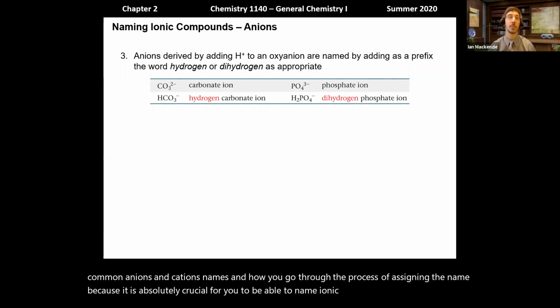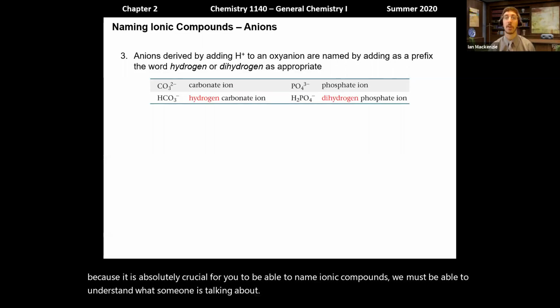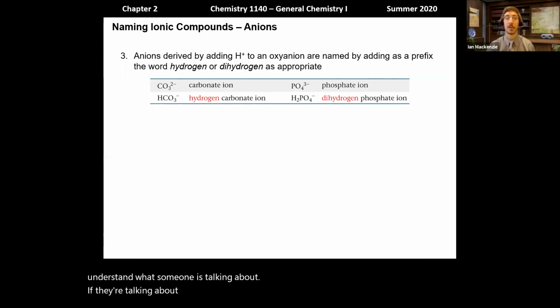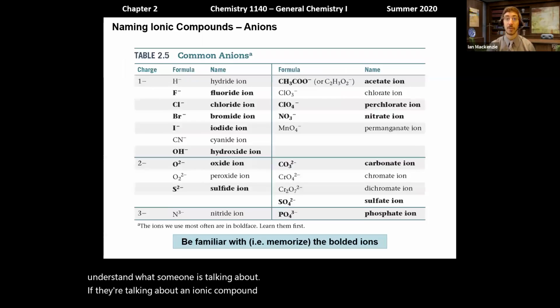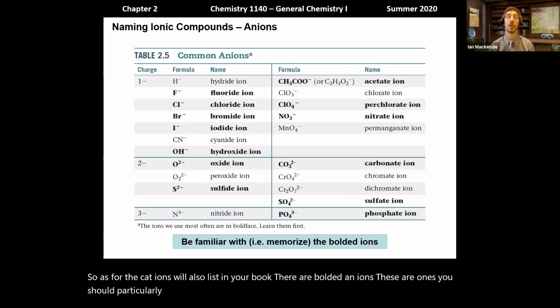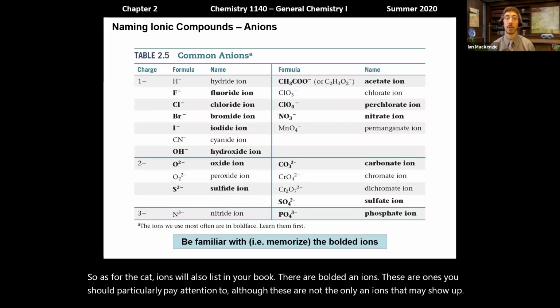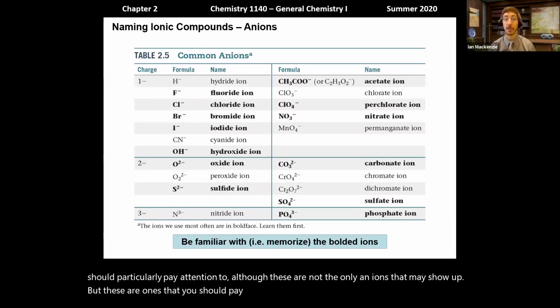We must be able to understand what someone is talking about if they're talking about an ionic compound by its name. As with the cations, in your book there are bolded anions. These are ones you should pay particular attention to, although they are not the only anions that may show up.